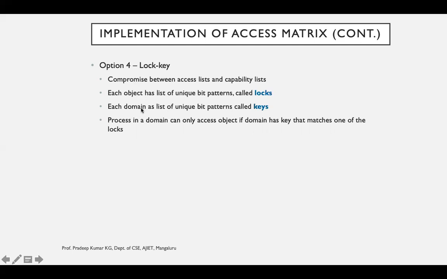So based on our lock key process mapping, whichever pairing matches, then only you can carry out the access. A process in a domain can only access an object if the domain has a key that matches one of the locks.